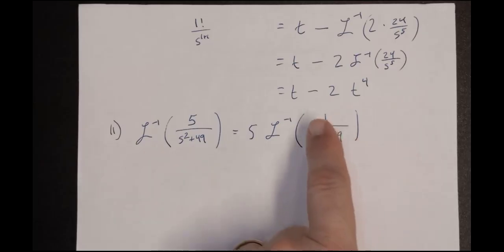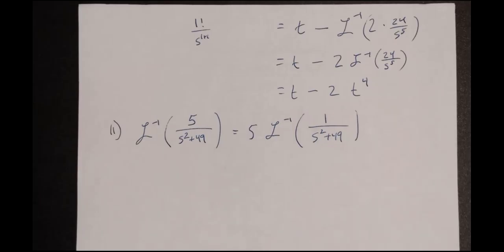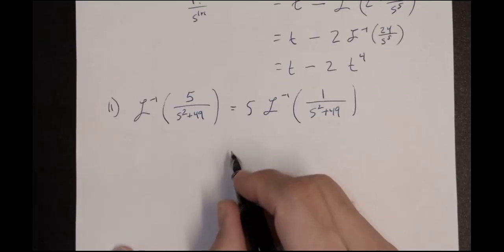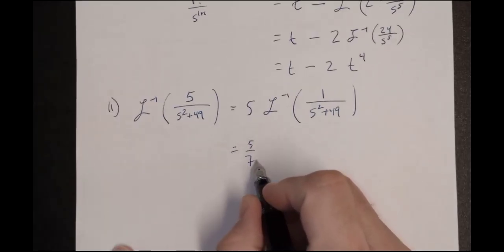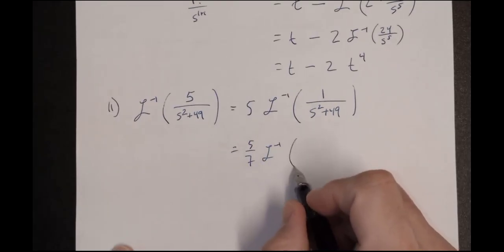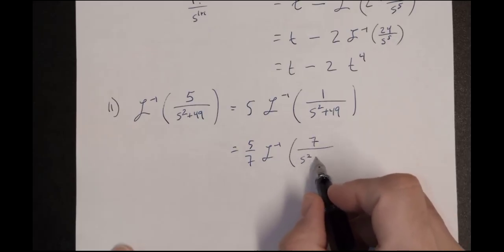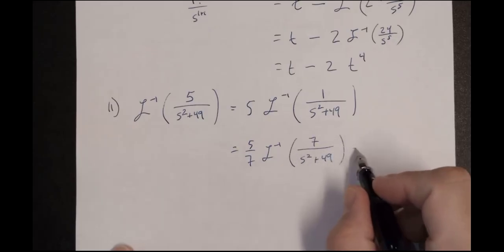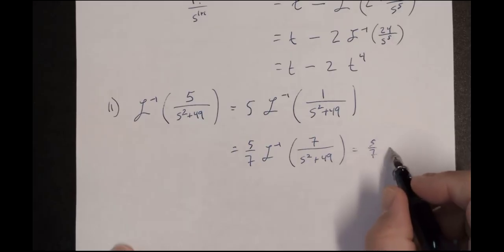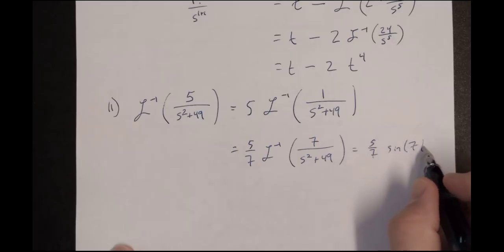If I put the 7 there, what goes out front? 1 over 7. So the answer is 5/7 sine 7t.